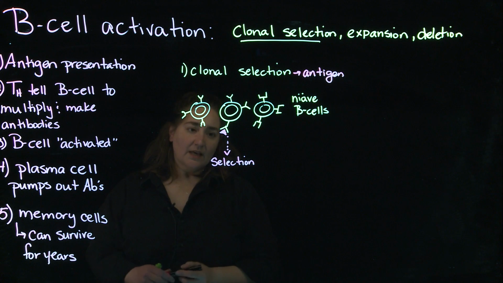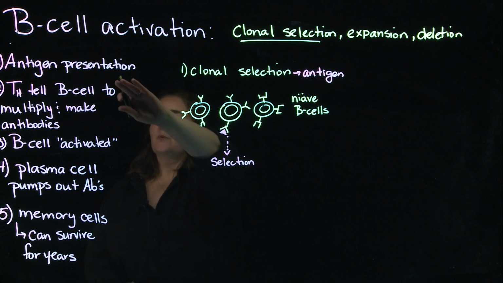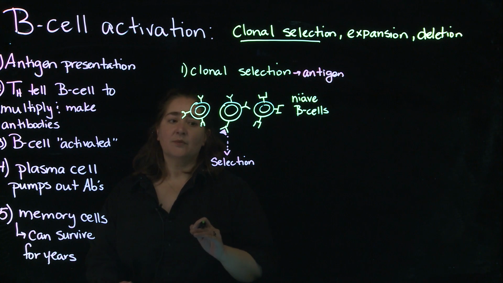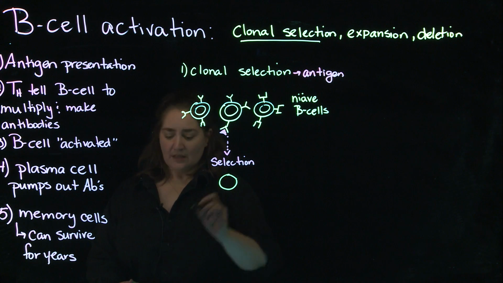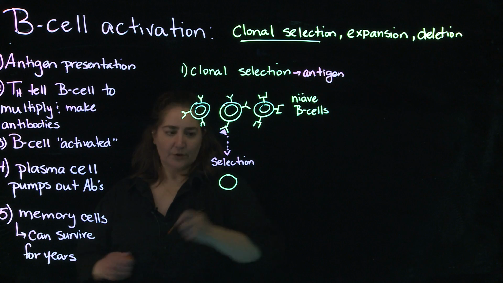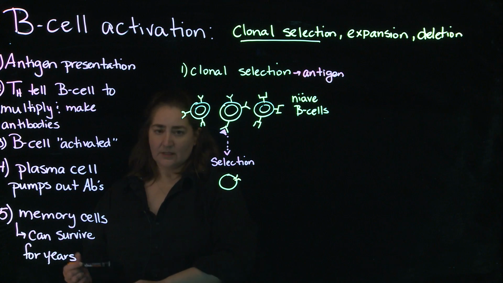All right? And in terms of what happens then, remember, we've got the antigen that's going to be presented on the outside of our B cell now. And I'll use orange again, just like that.